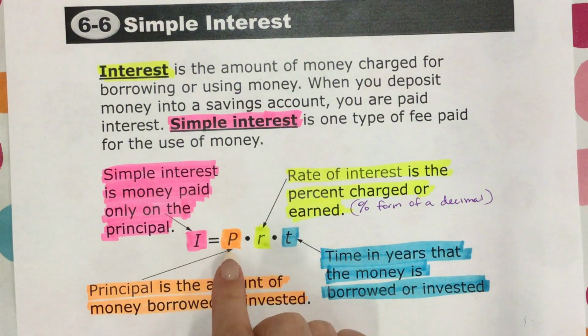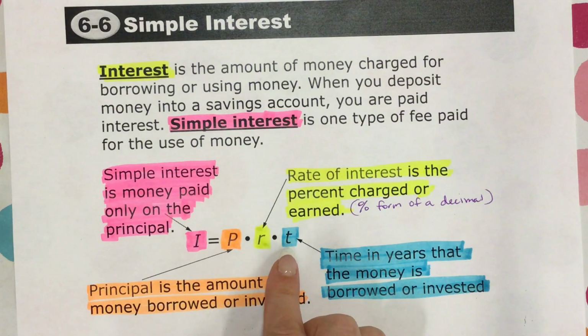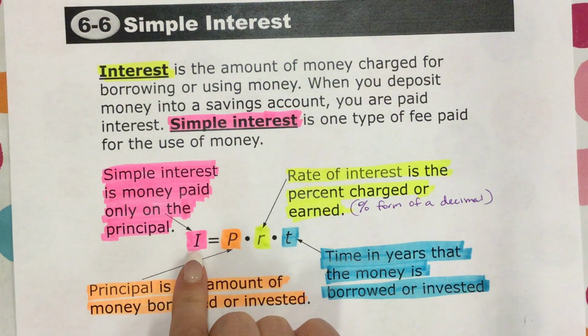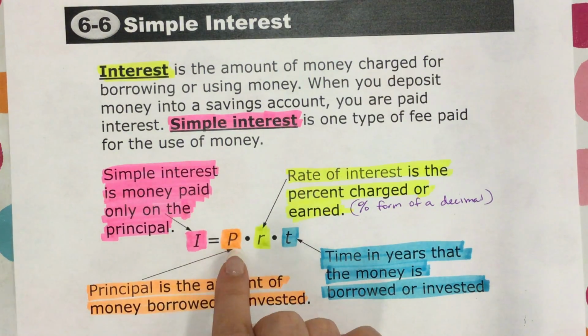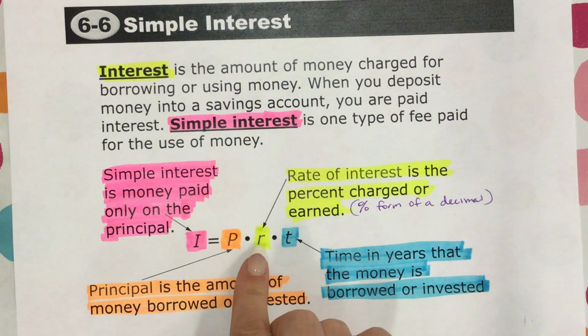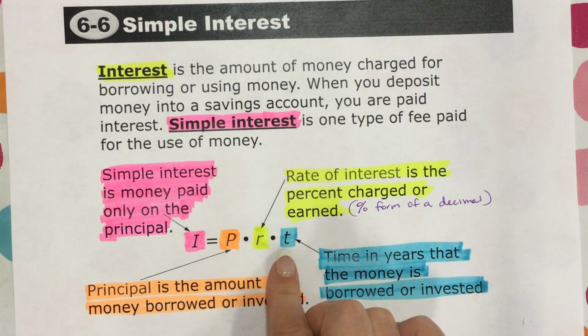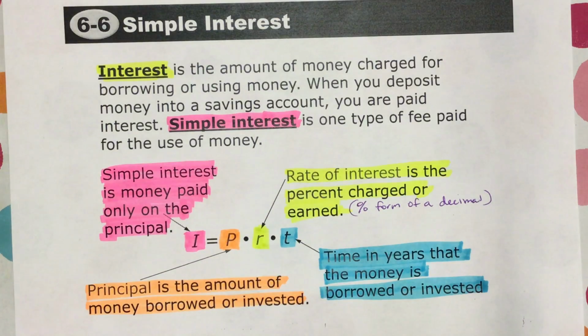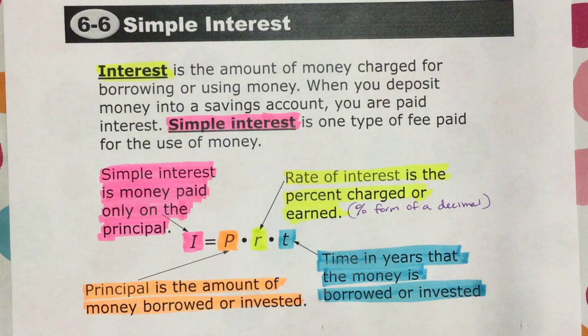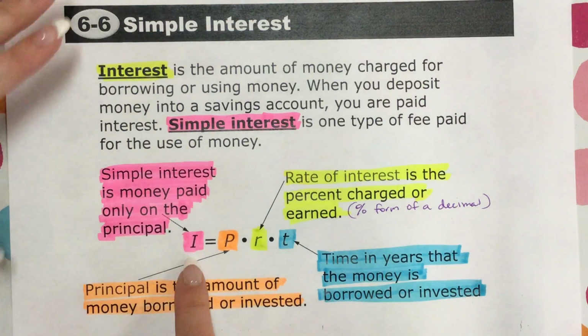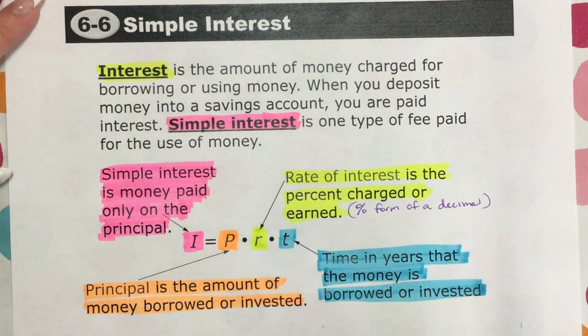I equals P times R times T. The simple interest is calculated by taking the original amount, multiplying it by the rate of the interest in the form of a decimal, multiplied by the number of years that you're investing that money. That's how the simple interest is found. So we're going to be using this formula a lot. I equals P times R times T. Okay? Let's go ahead and take a look and see how this is applied.